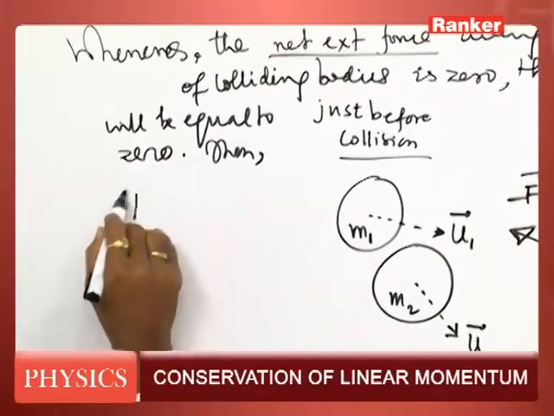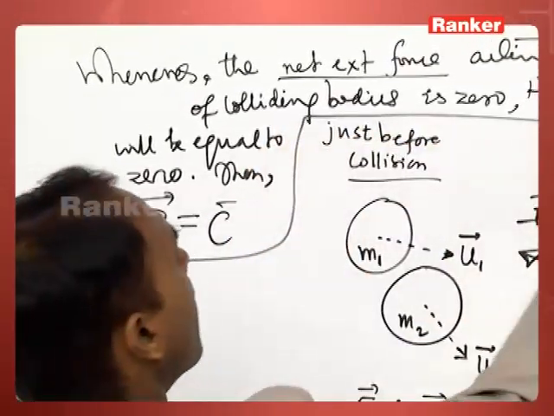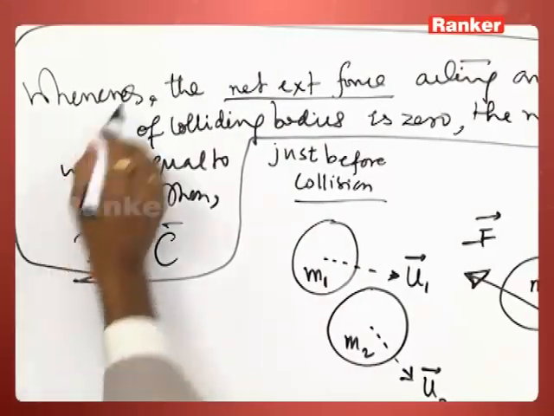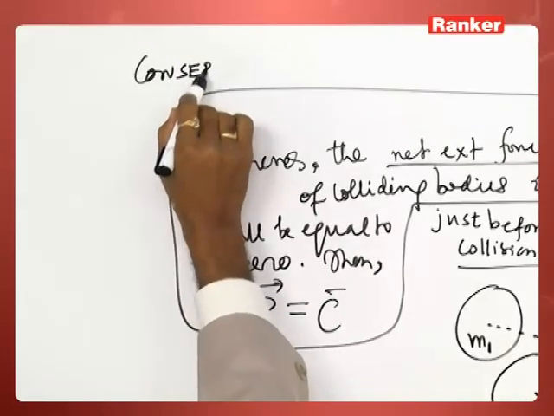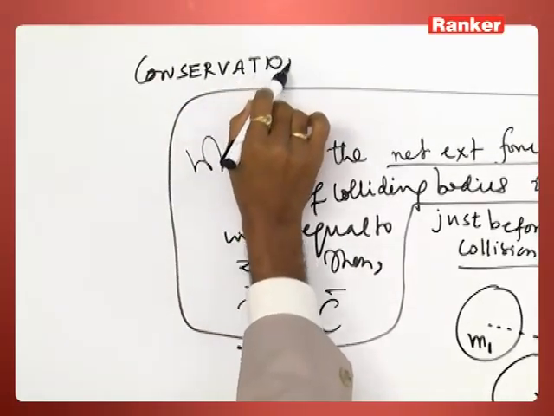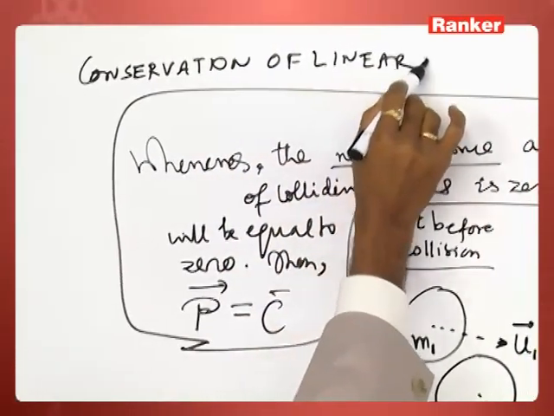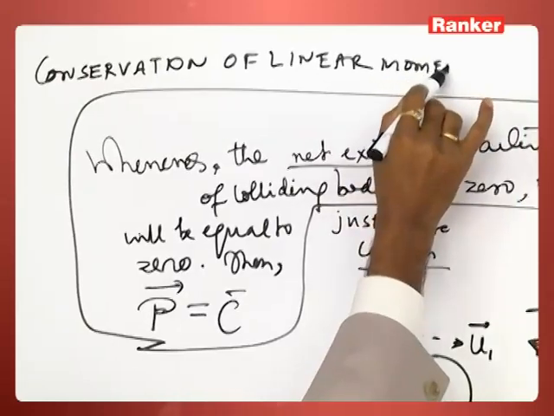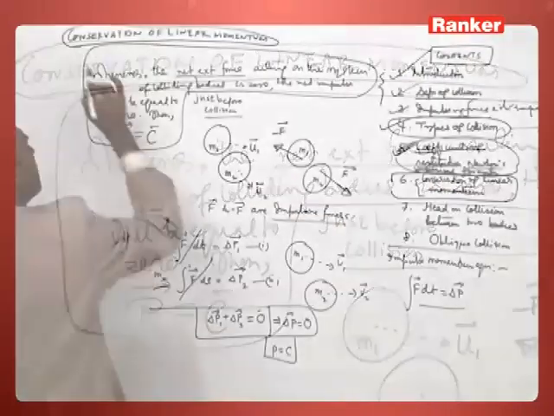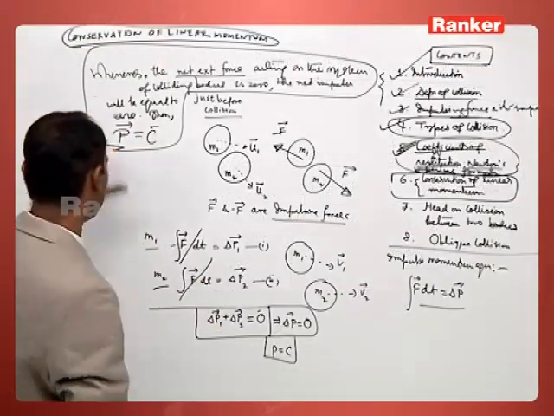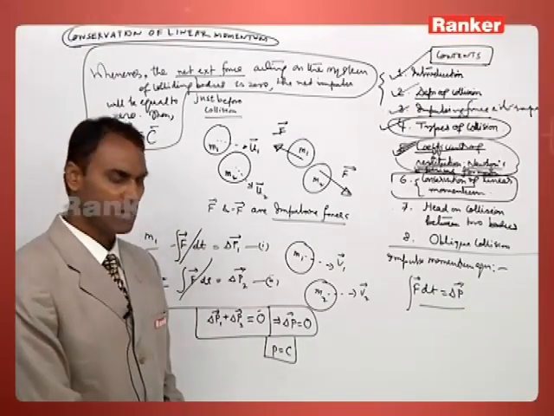Then the total momentum of the system remains conserved. This is what is called conservation of linear momentum. And using this idea, let me demonstrate a few conceptual examples.